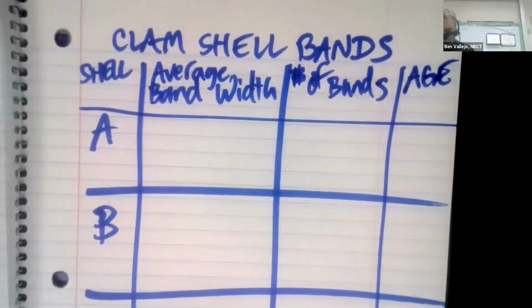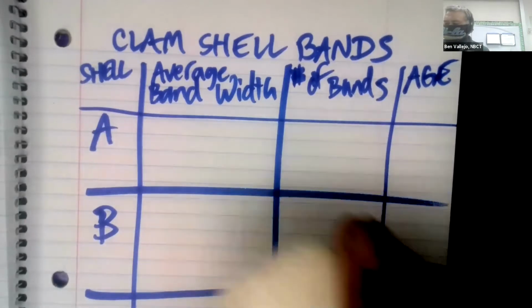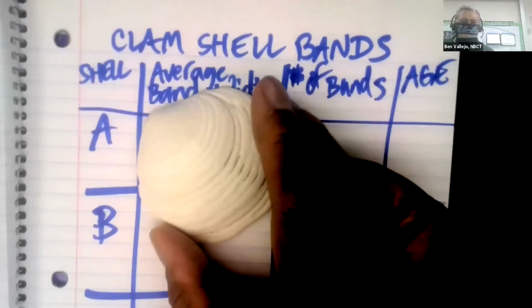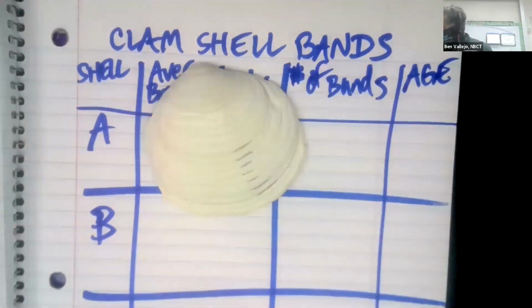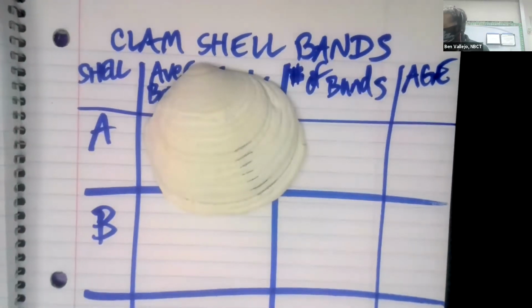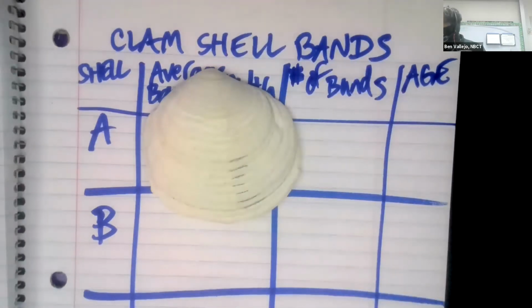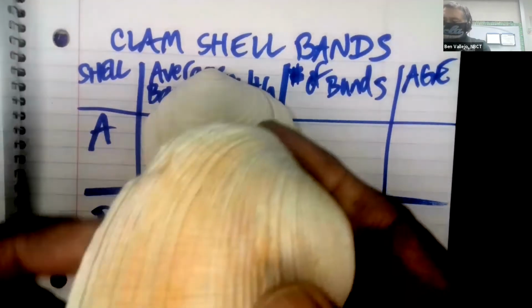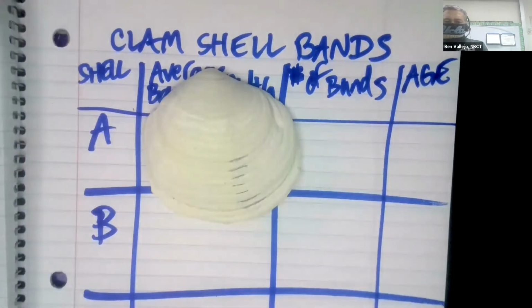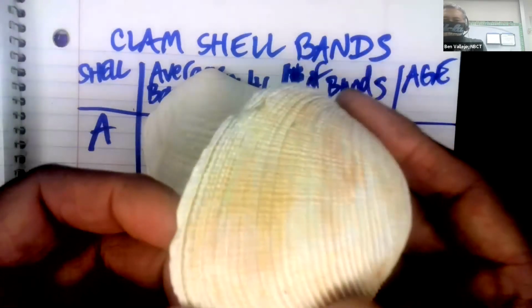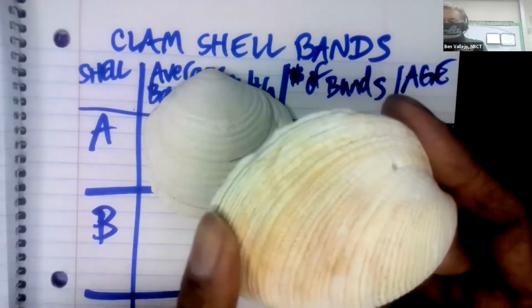Let's take a look at our first one. To make it easier to see, on some of them I have a little pencil line, and that'll help me to figure out how many bands I have. Some of them are harder to see the actual band. Sometimes you have to turn it on the side to see it, because this one looks like it has hundreds of bands.